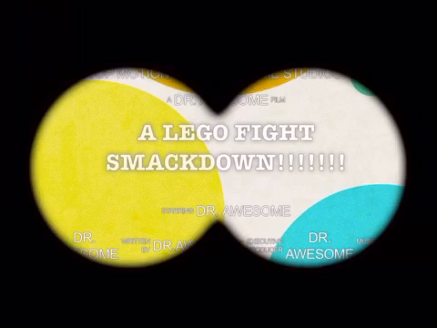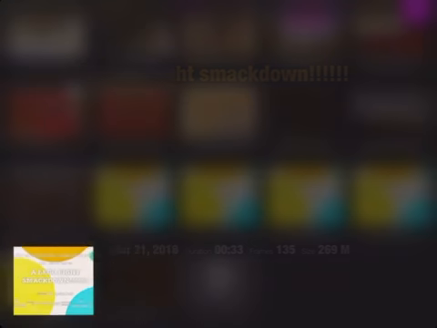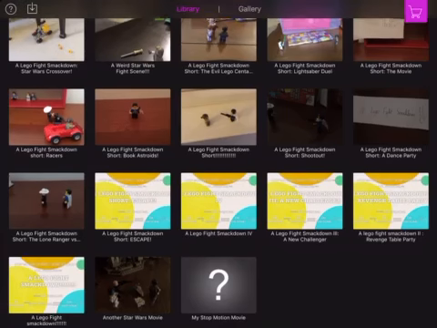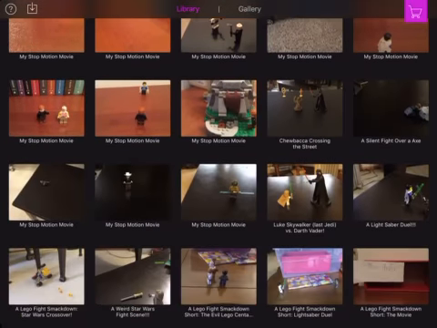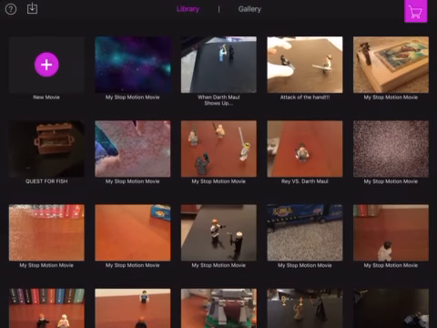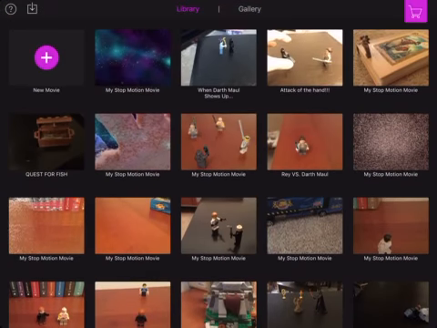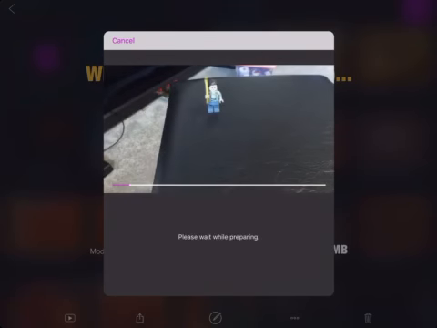But now I've gone a little bit less cutesy. I'm not really up with my old standards, where I'd make everything happy go lucky. So, yeah, I can explain when Darth Maul shows up for you.